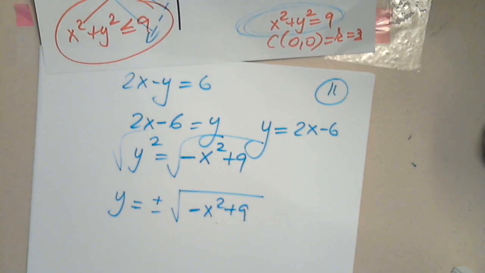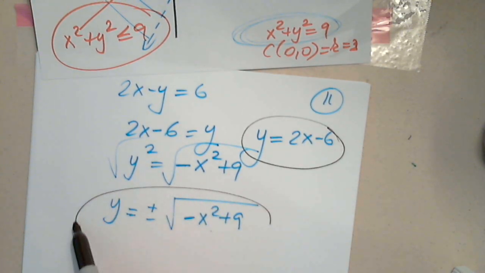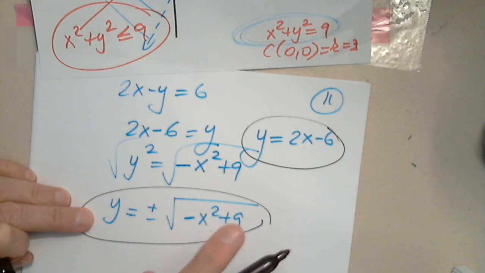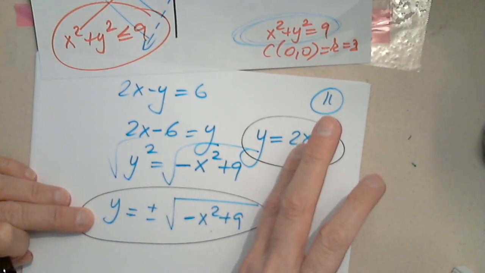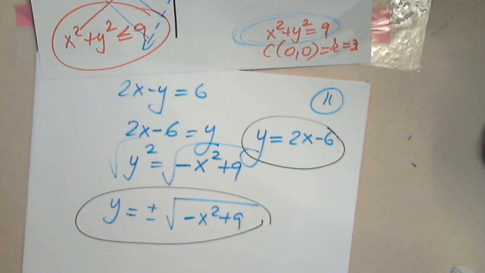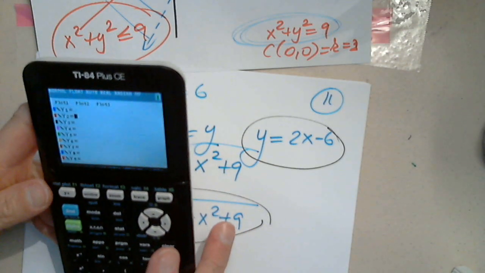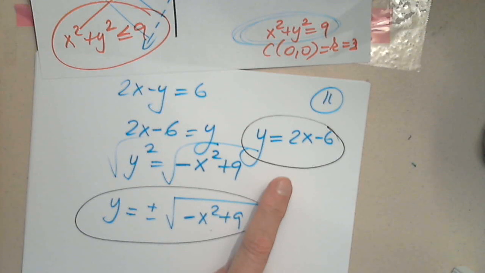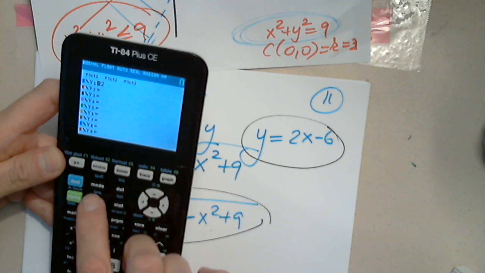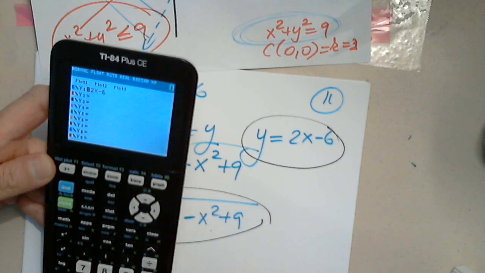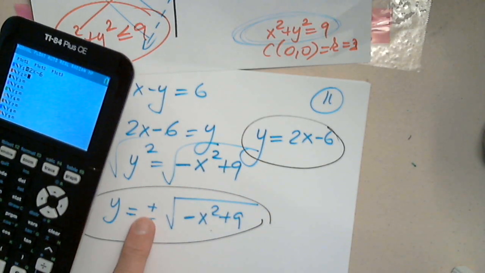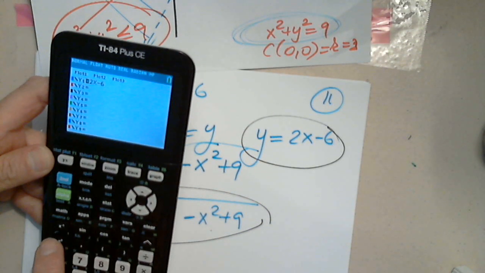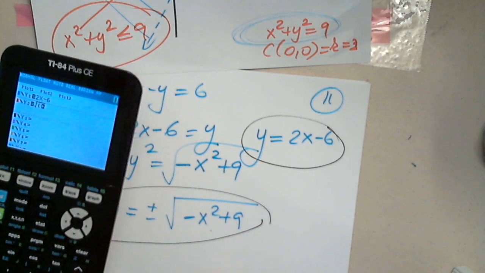So let's put all these in the graphing calculator. This is function 1. And this is function 1 with a plus, and function 3 actually, y1, y2, and y3, the other one with minus. Let's do that. And I'll tell you why I'm doing this in a moment. So, 2x minus 6 as the first function. Positive, we don't have to put the positive, just the square root. You know me, I'm in love with my parentheses.